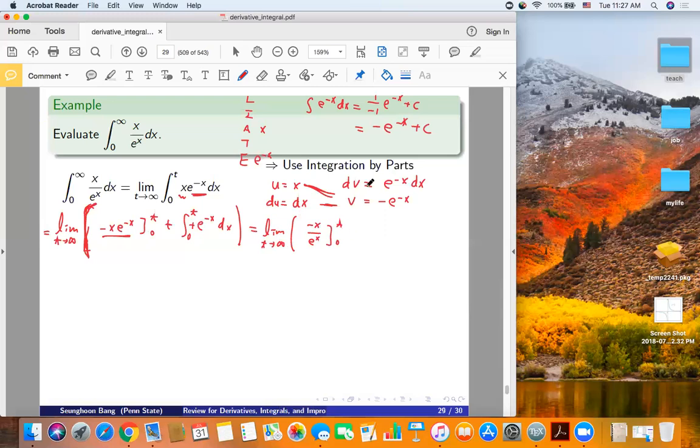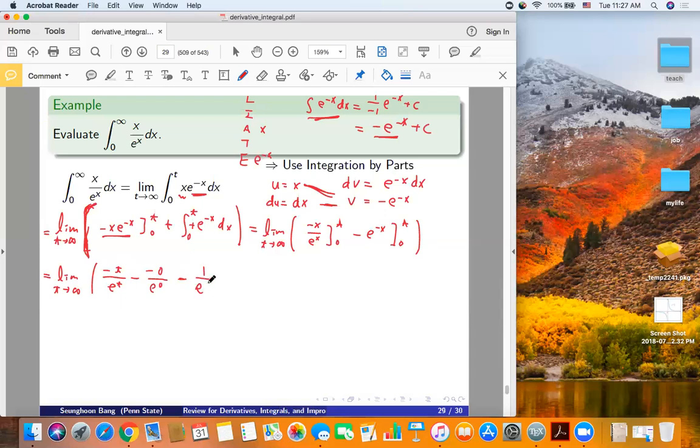So what's the integral of e to the minus x? The integral of e to the minus x is negative e to the minus x. We have negative e to the minus x from 0 to t. So this is the same as the limit as t approaches infinity. You plug t into x: negative t over e to the t, minus negative 0 over e to the 0, minus 1 over e to the x.